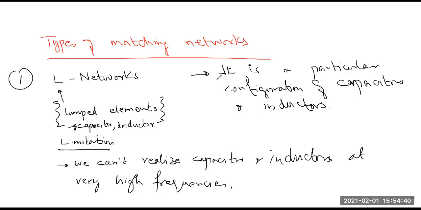In a short while this sentence will make more sense to you once I draw the circuit of L networks. Right now I'm just going through what the types are. So one of the types is L networks, and it involves the use of capacitors and inductors in a particular configuration.